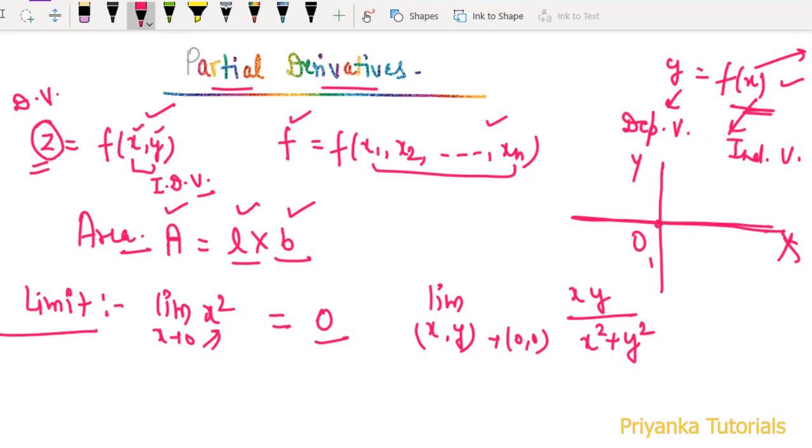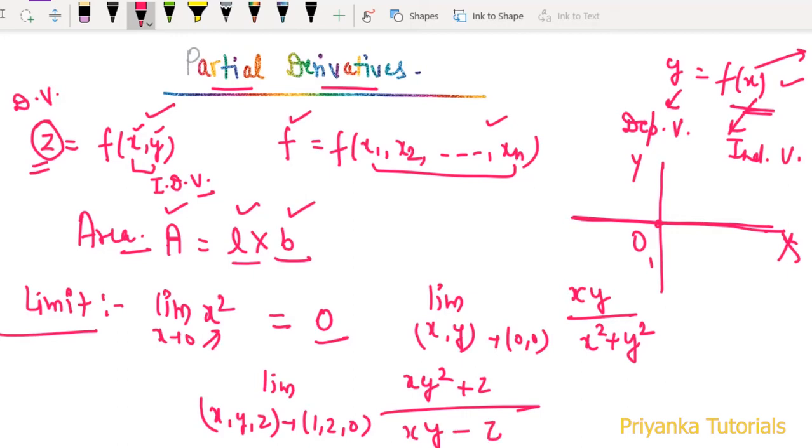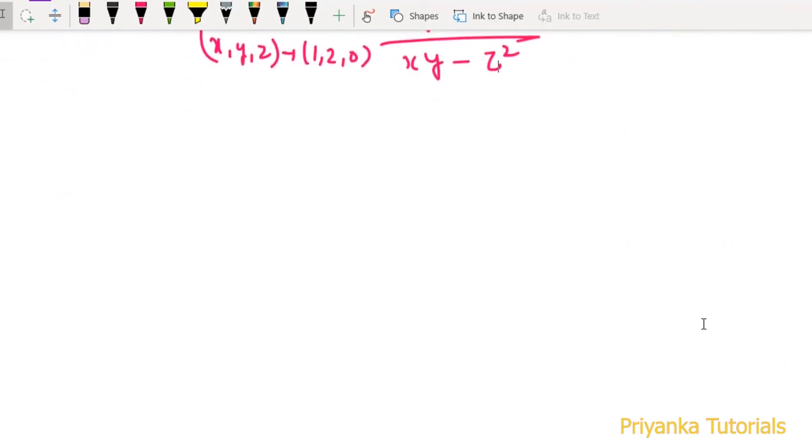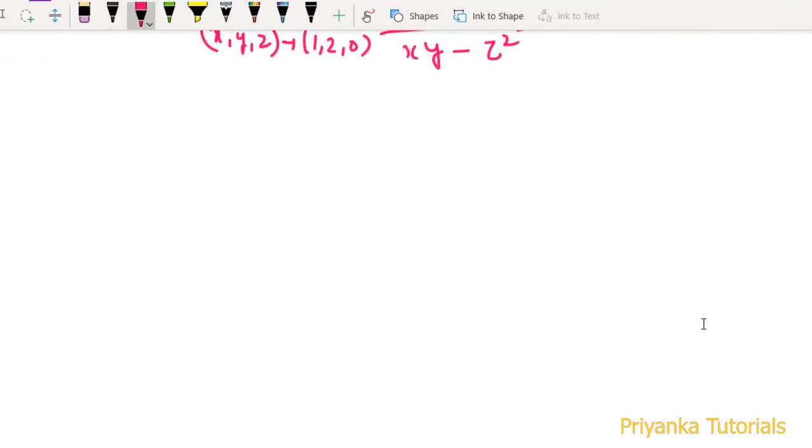Is it so easy? Which value will you substitute first, x or y? This you need to learn. Or suppose I give you a function, limit as (x, y, z) tends to (1, 0, 1) of xy square plus z, something like this. Then how will you start doing this, right? That means we are learning here how to calculate limits in more than one dimension, or with respect to more variables. So there is a method to calculate the limit.